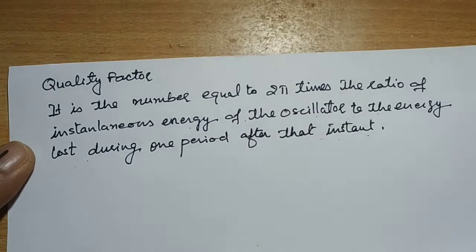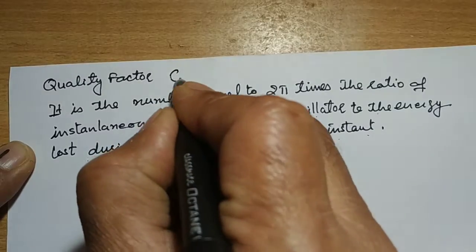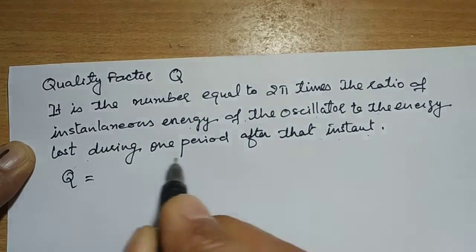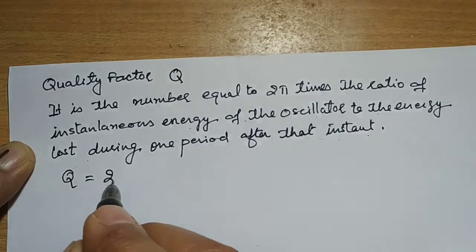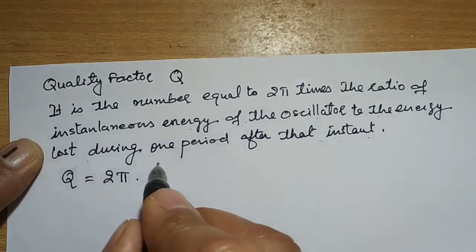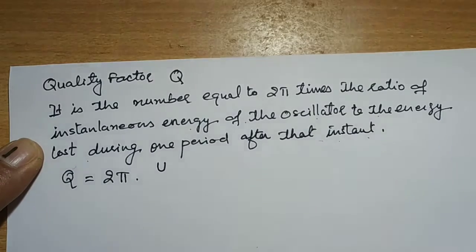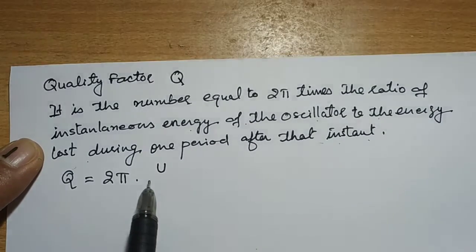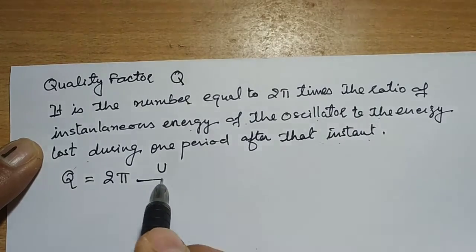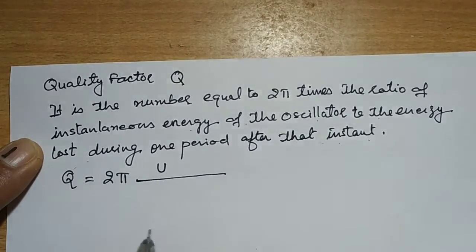We can write this as Q, and Q is equal to, according to this definition, 2 pi times the ratio of energy, which we describe with U, divided by the loss of energy.